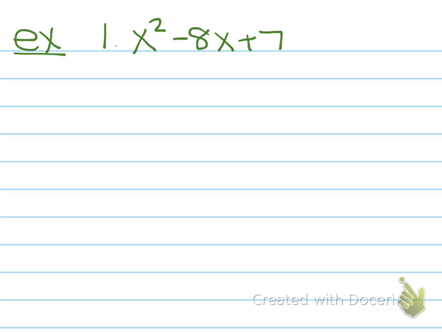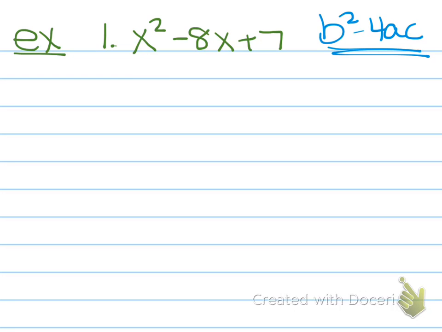If I gave you the quadratic function x squared minus 8x plus 7, and I said find the discriminant and determine how many and what kind of solutions there are, your first step would be to just do b squared minus 4ac and then evaluate this value.